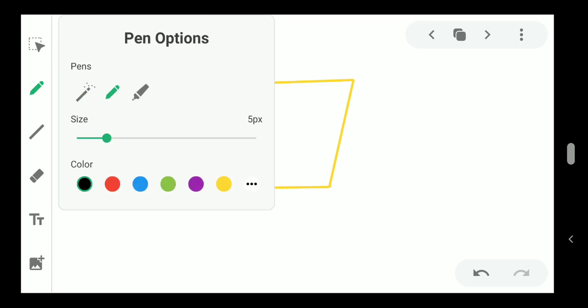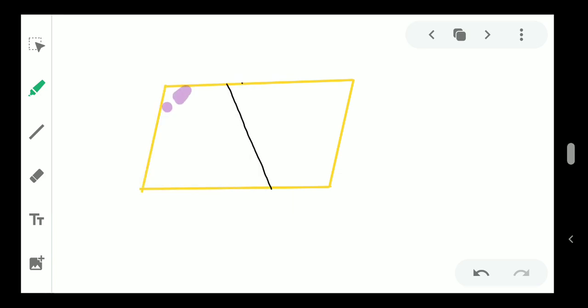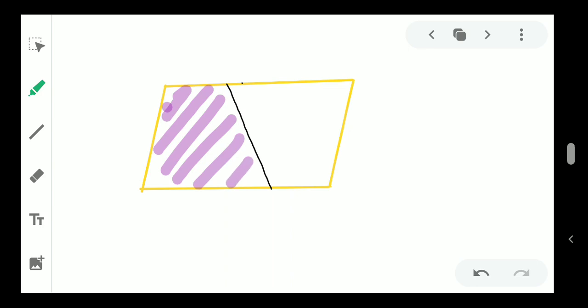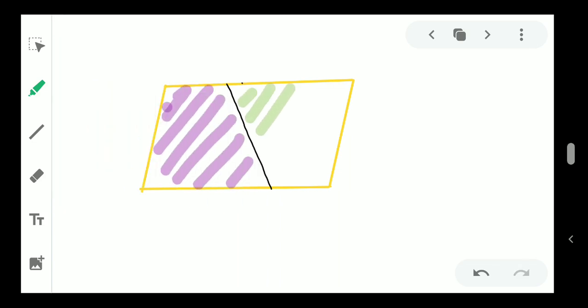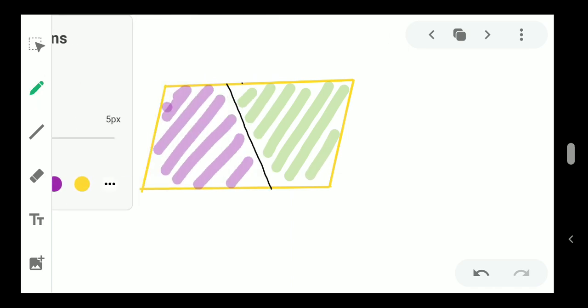One portion will be this one, and another portion will be this one. I'll use a different color for this one. So one portion will be the violet one and one portion will be the green one.